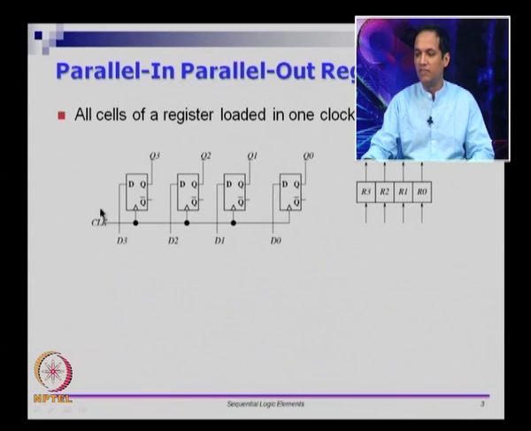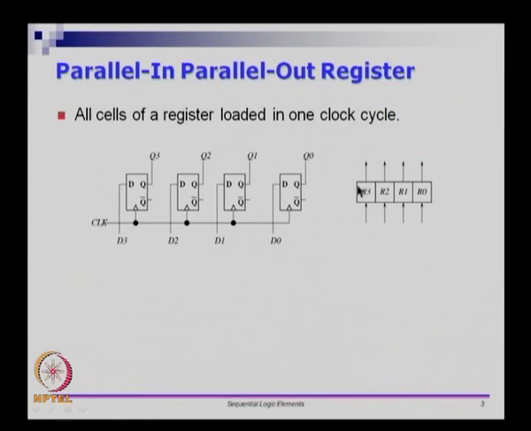Usually we hide all these details and we may use a symbol like this, R3, R2, R1, R0, with 4 inputs coming in and 4 outputs going out. We are hiding the clock specifically. Sometimes we use a notation which is even simpler, which just puts a box with 1 arrow in and 1 arrow out, which says there is 1 input and 1 output, and the output could be multiple bits and the input could be multiple bits.